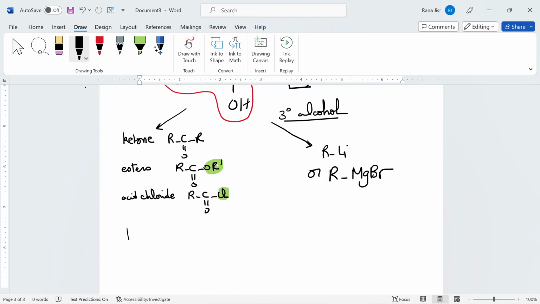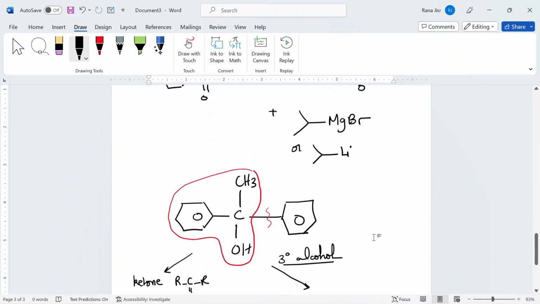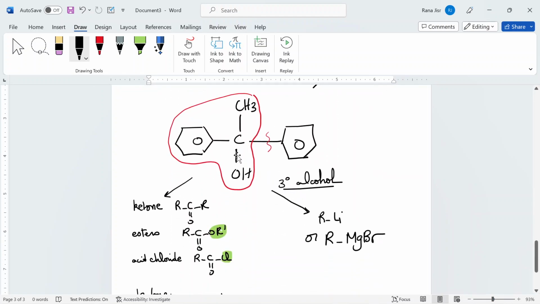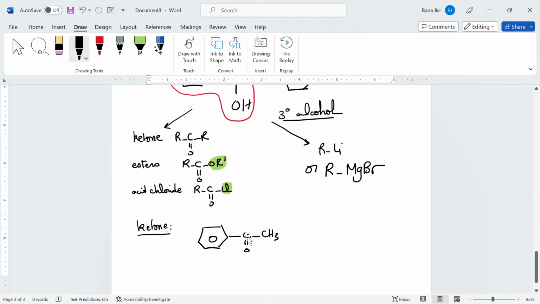So now for the ketone route, I'm going to end up having my carbonyl over here and the CH3. So notice what I did over here. I changed my alcohol, the COH, I changed that into a carbonyl. This is what I did.